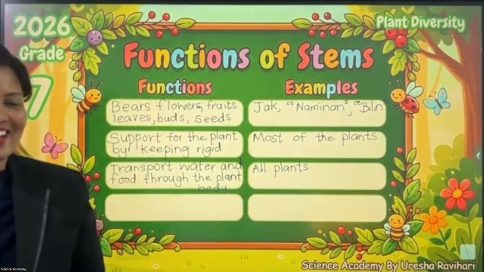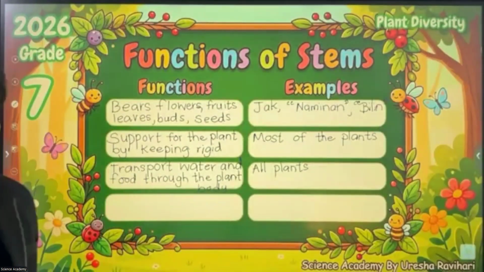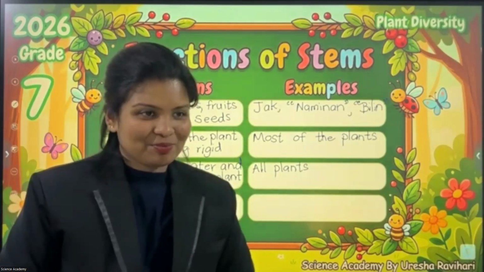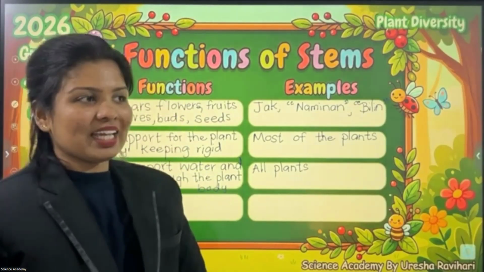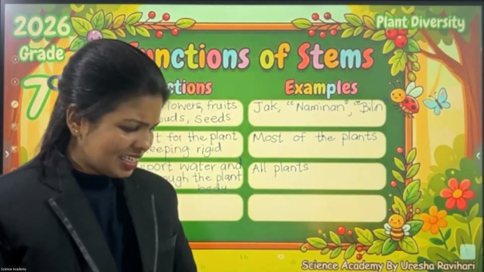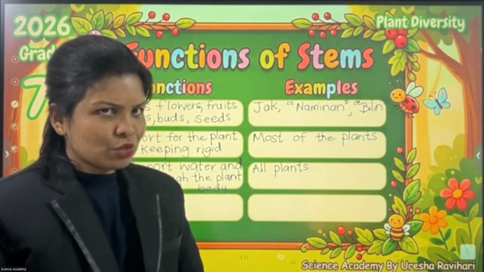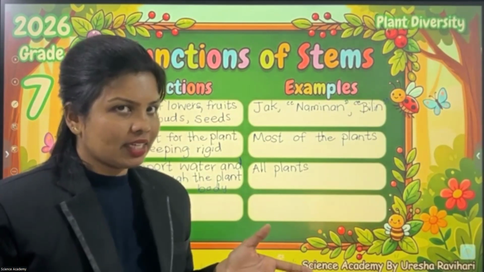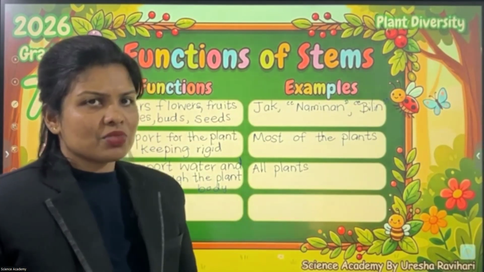Okay, children. So then next one is vegetative propagation. Children, sometimes have you seen some plants can propagate by the stems?